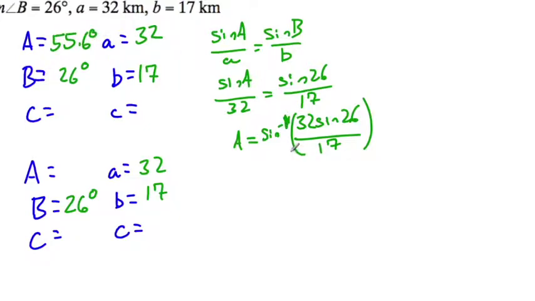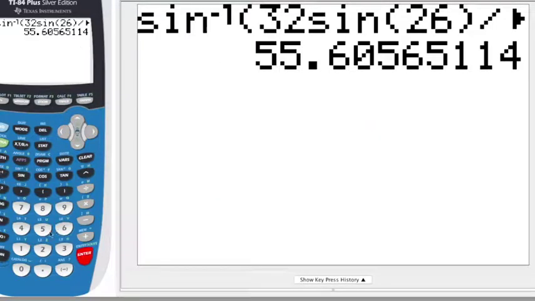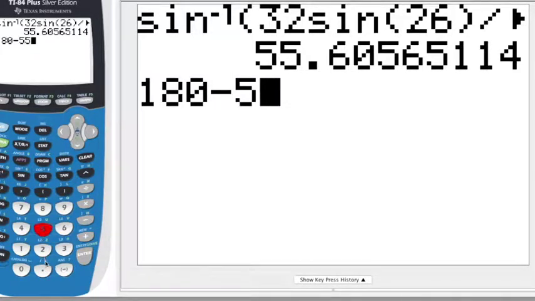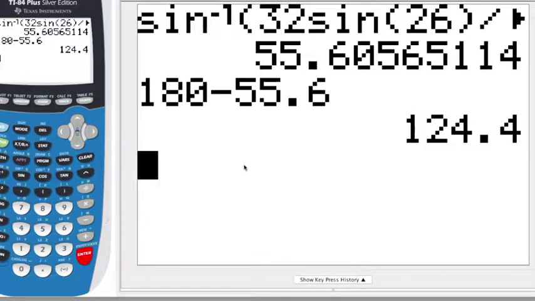And again, if I got an error, I would know it's 0 triangles. I didn't get an error, so I know that there's at least one triangle. So because I have this 55, or 55.6, I find out what the other angle A could equal. And I do 180 minus 55.6.